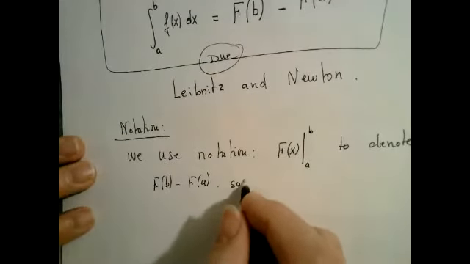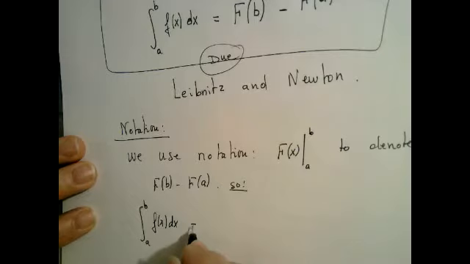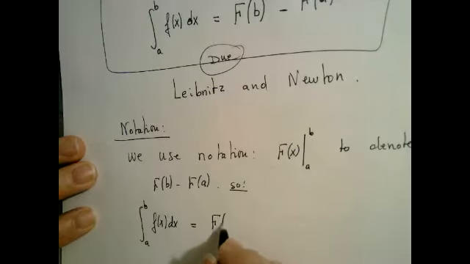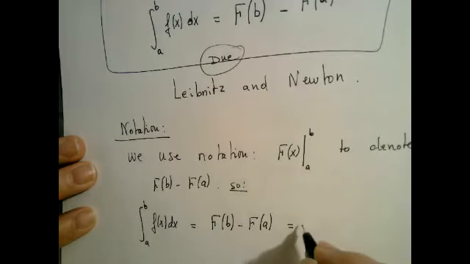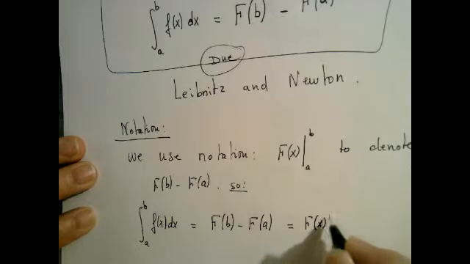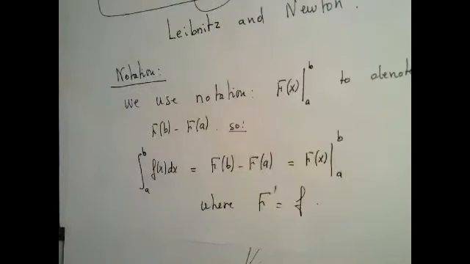To sum up, the integral from a to b of f can be evaluated by finding the antiderivative, which is written as F of x between a and b, where, one more time, F prime is f, or F is the antiderivative. Very powerful theorem. You realize how tedious it is to compute the sum, and this makes it much, much easier.